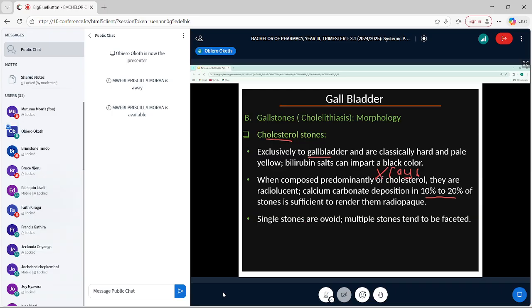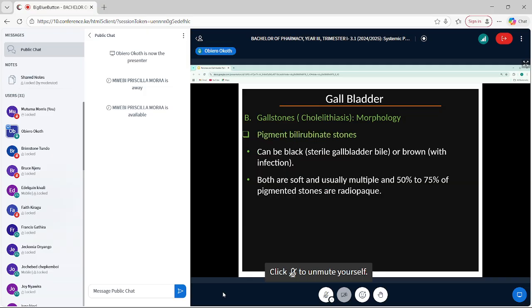They can be single stones or multiple stones. Typically they tend to be multiple, well-faceted, harder, and slightly better formed than what you're going to see with the pigment stone.